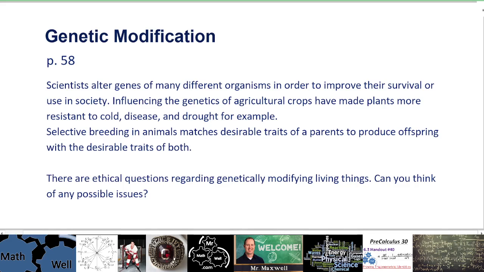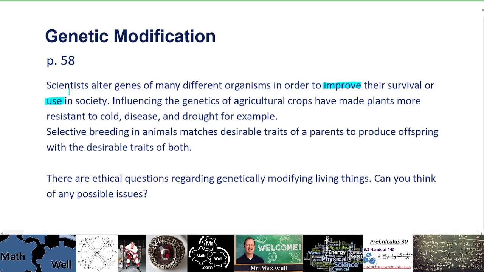So what is genetic modification? Well, scientists alter genes of many different organisms in order to improve their survival or use in society. Okay?